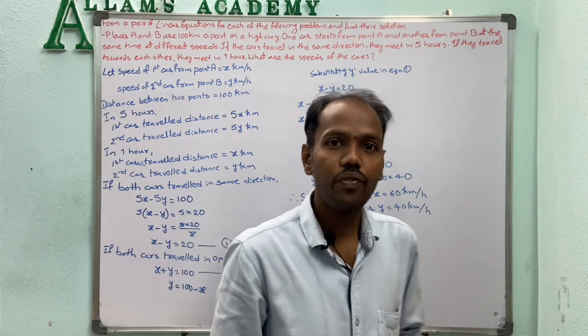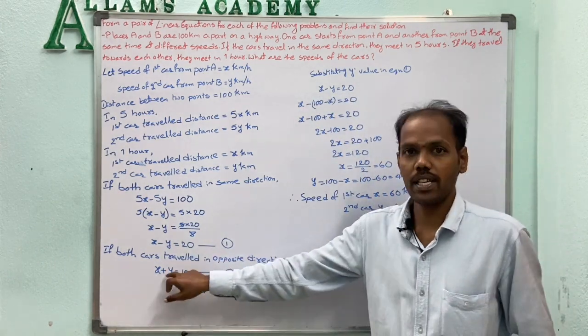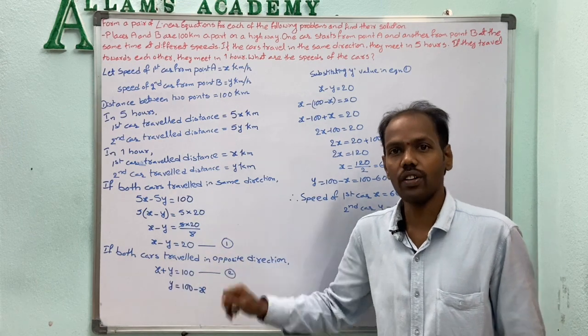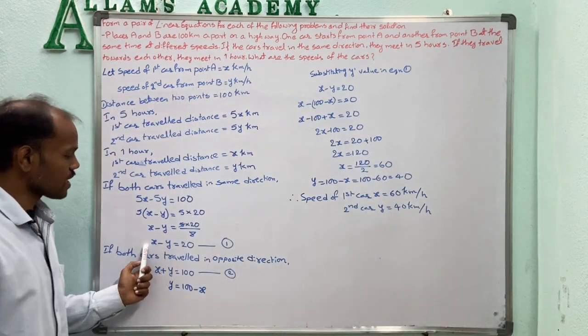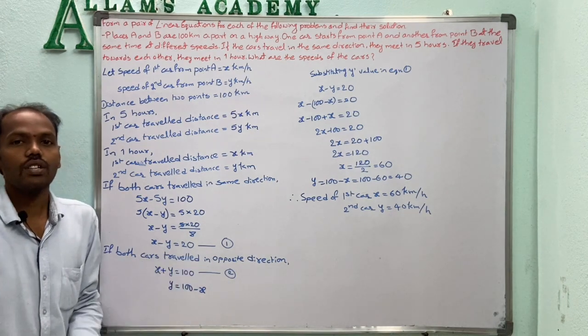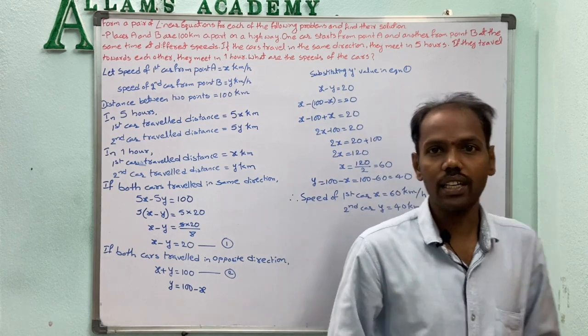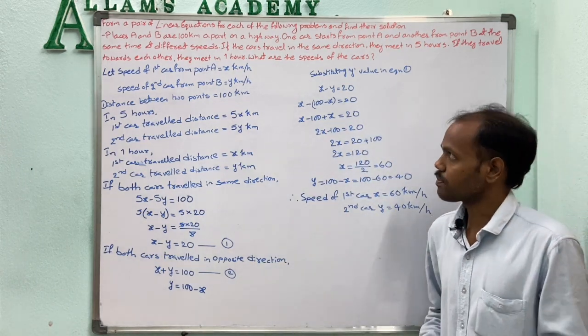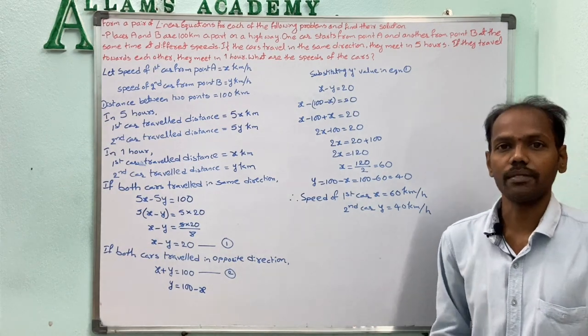Okay, now if we substitute these values in these equations, x plus y, 60 plus 40 equals 100, and x minus y, 60 minus 40 equals 20. So we get 60 and 40 kilometers per hour as the speeds of the two cars, which are correct.